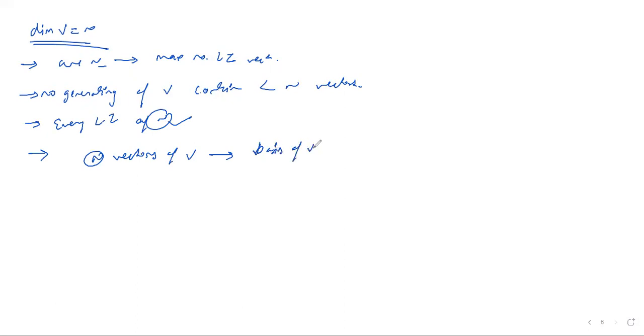Now we have seen the extension and deletion of the vectors.